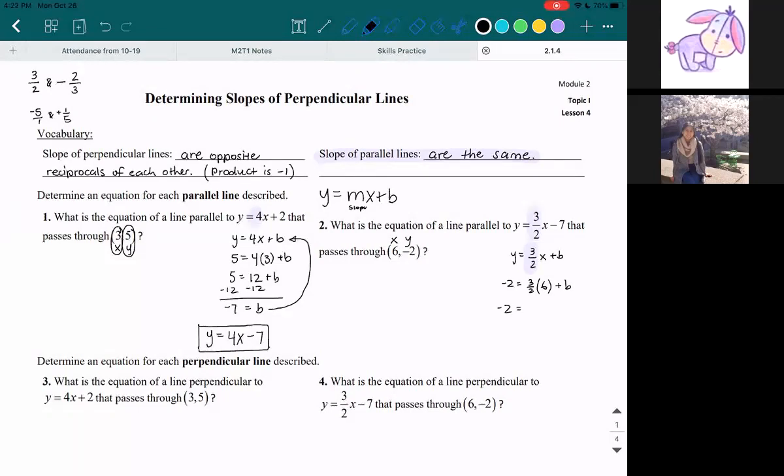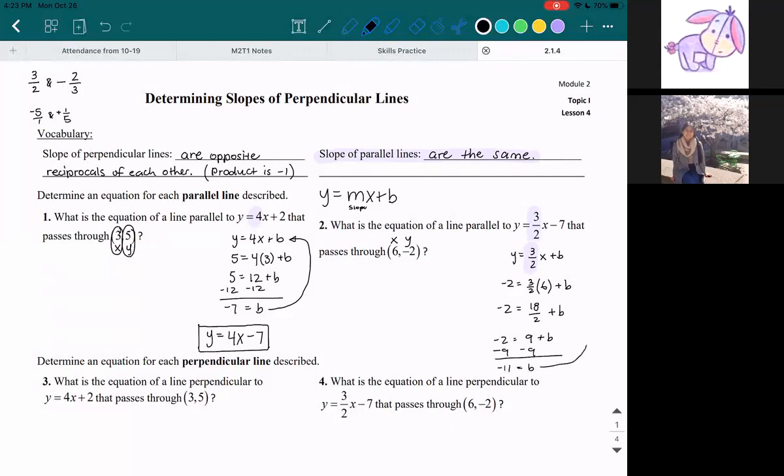Simplify. When you multiply with a fraction, you can just multiply across the top. You get 18, which is 6 times 3. That gives us 18. Keep it over 2, though. All right, now solving for b. We got -11.